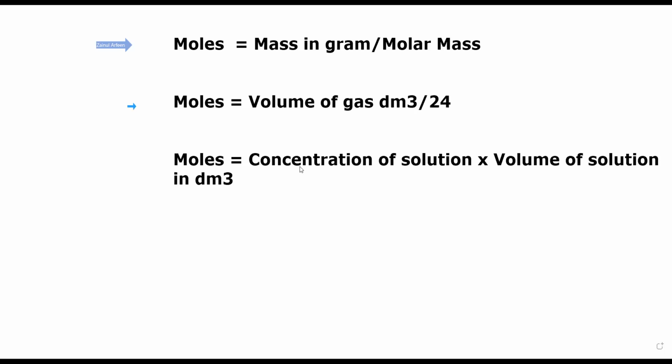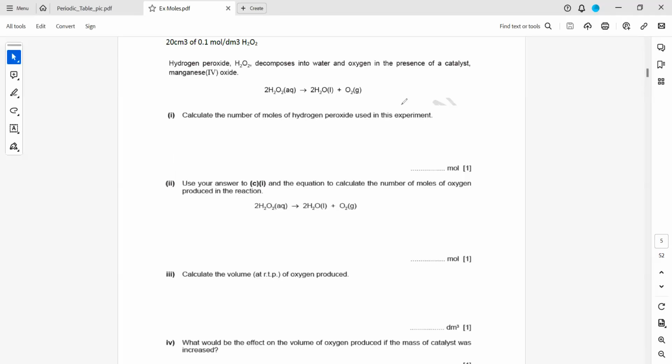Because the second formula involves the volume of the gas. So we already have these answers, 0.002 and 0.001. Now we need the volume of the gas. The formula: moles equal volume of the gas divided by 24. Moles of oxygen we already calculated, 0.001.